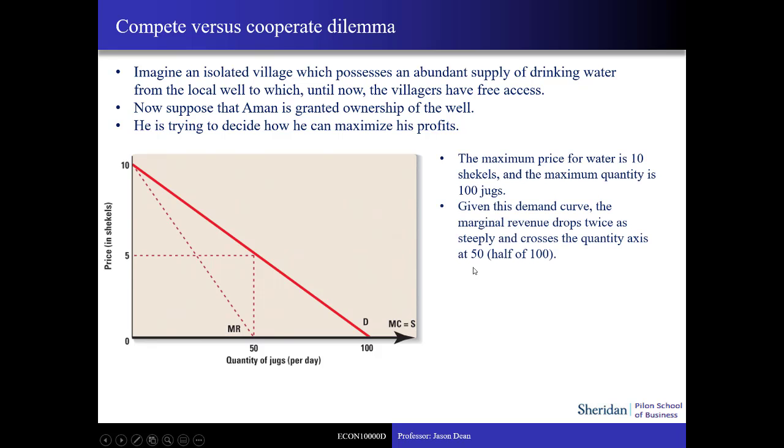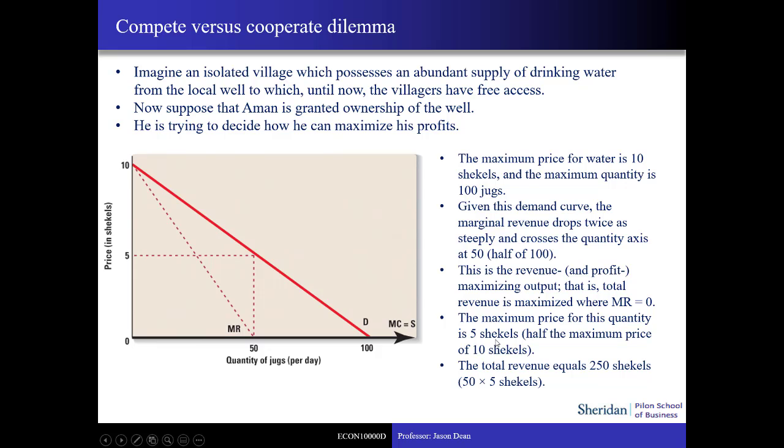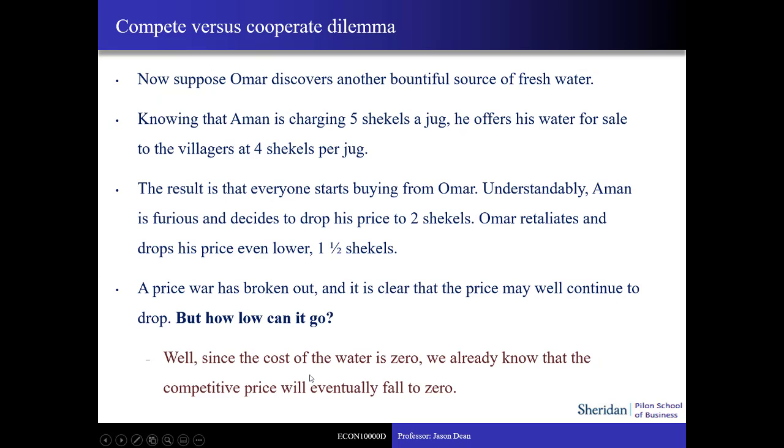So we have Aman. He's going to want to charge 5 shekels for a jug of water, and that will maximize his revenue, and in doing so he'll be able to earn a total revenue and profit in this case of 250 shekels, 5 times 50. Now suppose there's another person, Omar, and he discovers another bountiful source of fresh water.